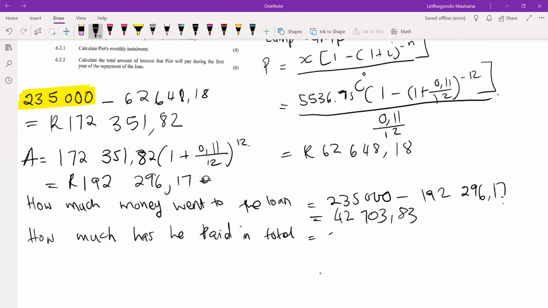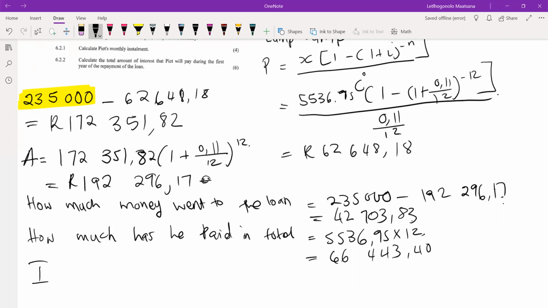It would be that 5,536.95 multiplied by 12, which gives us that value again of 66,443.40.